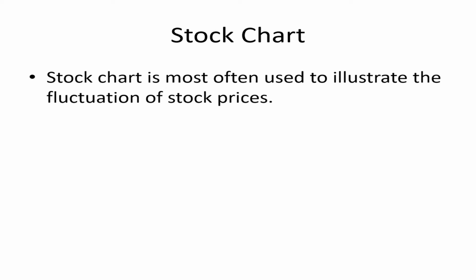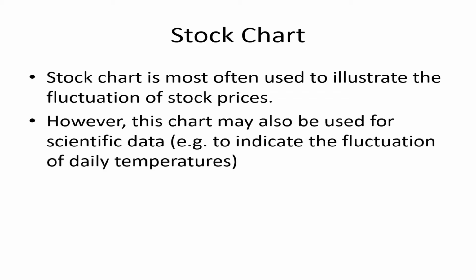Engineers use a lot of things, and this is a definition of a stock chart. The stock chart is most often used to illustrate the fluctuation of stock prices, but there is a trick here. These charts may be used for scientific data to indicate fluctuation of daily temperature, for example, or physical chemical parameters.